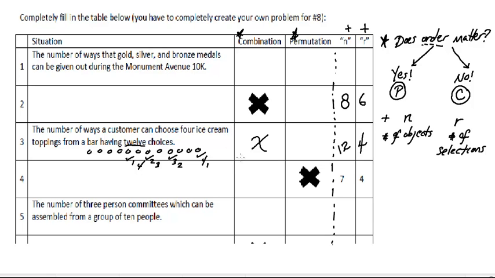Now, the next set of problems here, I'm told it's a permutation, so I'm going to go ahead and do this one in red so that you see what I'm doing. We're told it's a permutation, okay? So here's what we know. We know that the order matters.